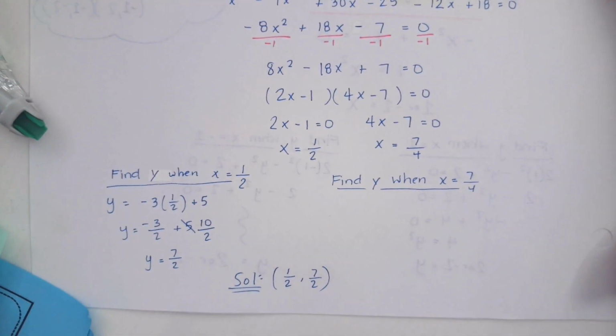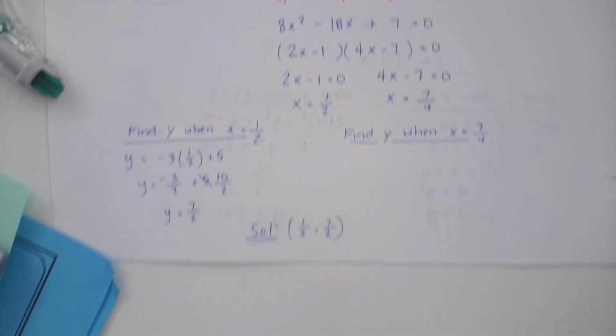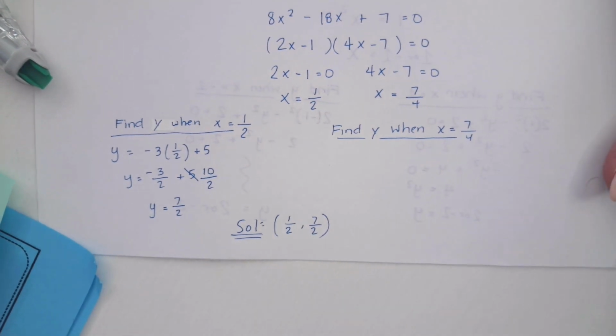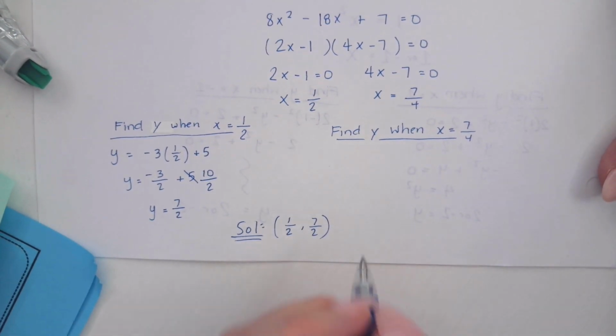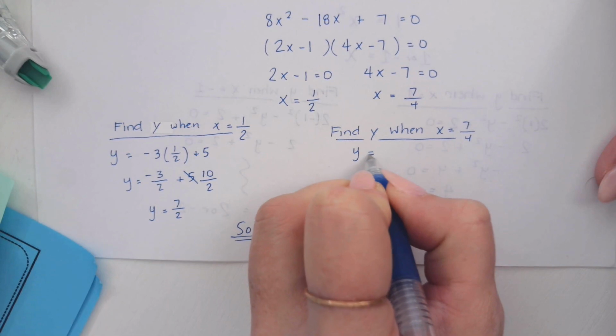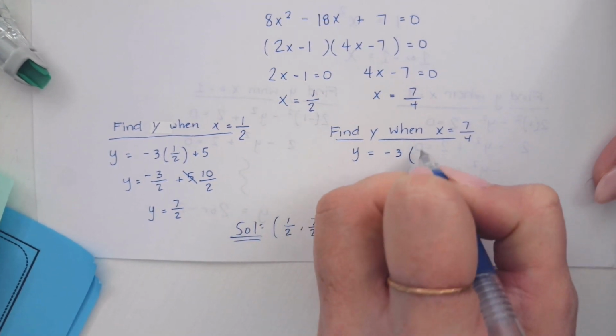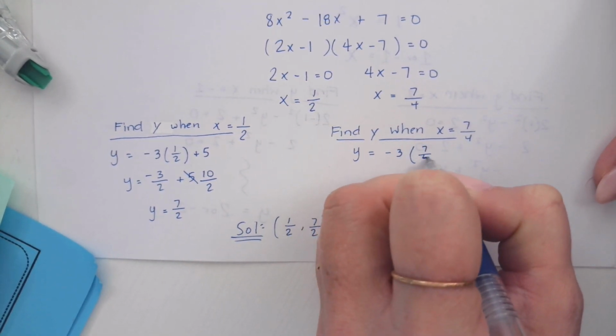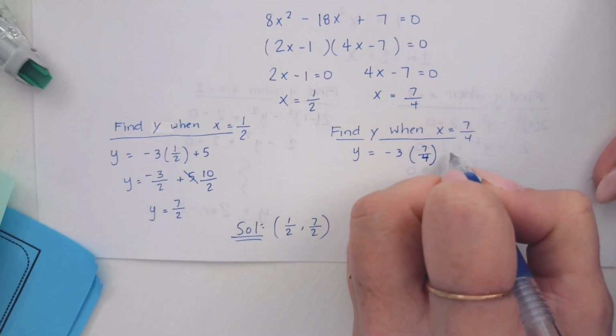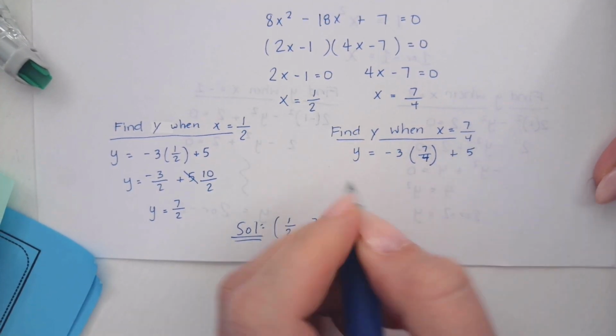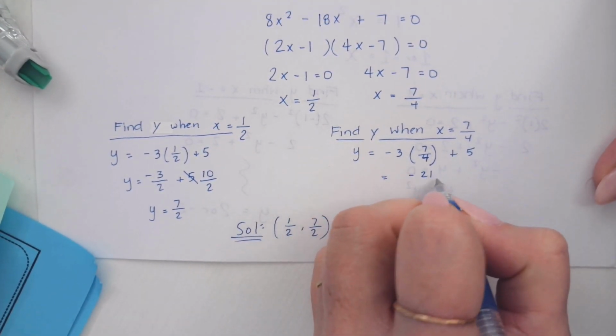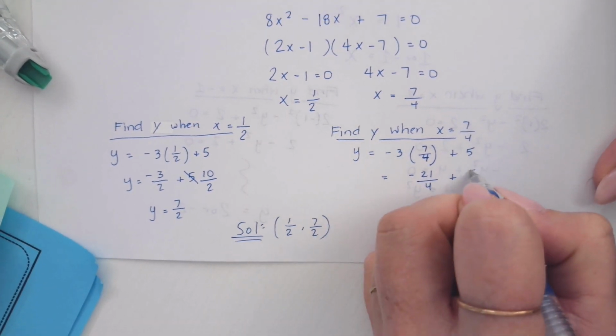Okay, and then yes? That's the same thing. And then for the second one, y equals -3 times the x, -7/4 plus 5. So that would be -21/4 plus 5.